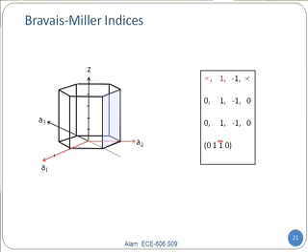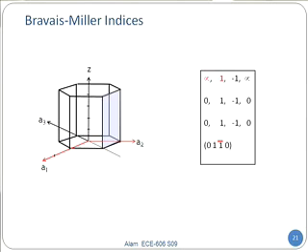This is how I'll do it. If you look at the A1 axis, the surface is such that if you extended it, it will never cut A1 in this particular case. So it cuts A1 at infinity. So the first index is infinity. What about A2? Well, it cuts A2 at position 1. A3?